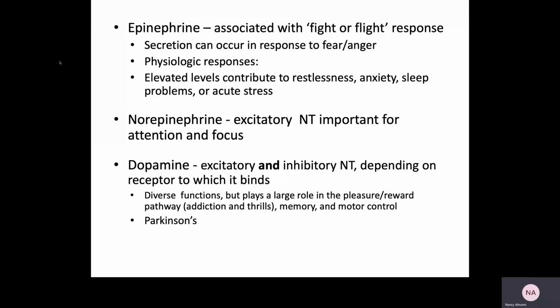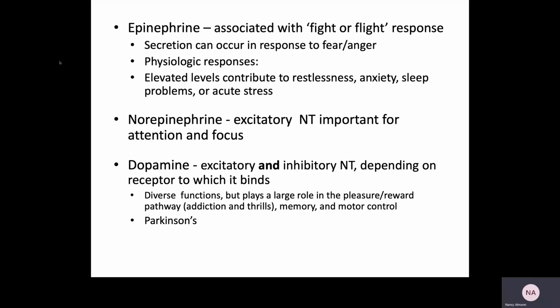Epinephrine, as soon as you hear epinephrine, think fight or flight. Think sympathetic nervous system. You will usually secrete this when you are angry or fearful. The physiological responses that epinephrine will trigger include these: increased heart rate, increased respiration, pupil dilation, so more light comes into your eyes so you can see better, increased blood flow to skeletal muscle, decreased blood flow to your viscera, so you can fight or flee.